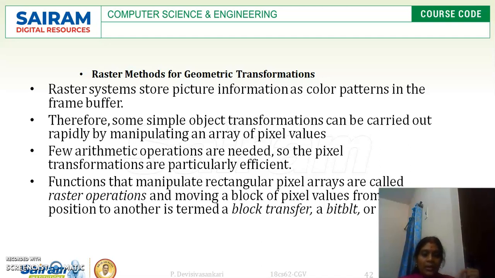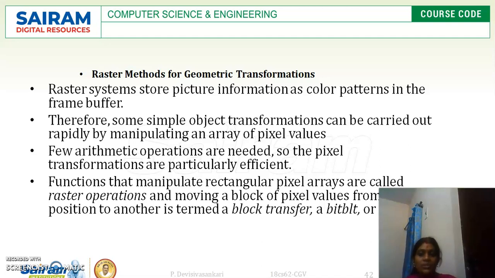Okay, because again and again we have to refresh the screen to change to the next scenes or screenshots, right? So it has to happen very rapidly. Only a few arithmetic operations are needed, and then the pixel transformations are particularly efficient, right? So what is the raster method?